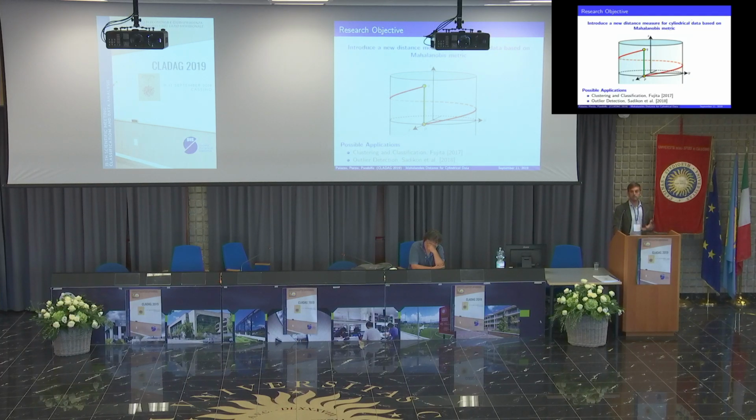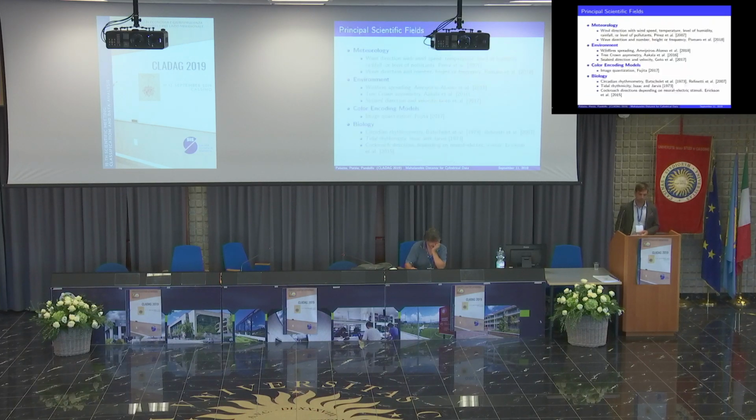What are the possible applications of this new distance? We can do clustering and classification, and at the end of the presentation I will show you an example with k-means clustering, or even, for example, outlier detection.